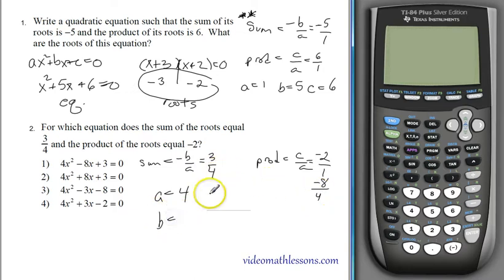B is tricky, opposite of what I see, -3. And C is, don't look at the 2 anymore, it's the 8 downstairs. C is -8. So now I'm going to go through my choices: +4, -3, and -8. That is choice 3.